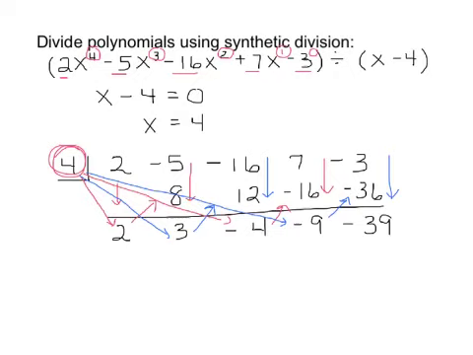So the numbers that are in the result are all going to be attached to a power of x. Now remember, our original 2x to the 4th, so this 2 is in the x to the 4th column, the next one the x to the 3rd, and so on. And by dividing out one power, or 1 degree, each one of those powers is going to drop by 1.